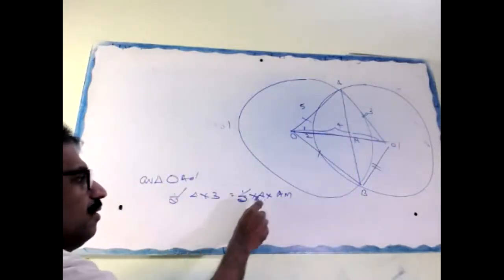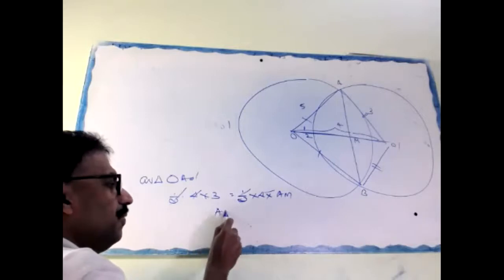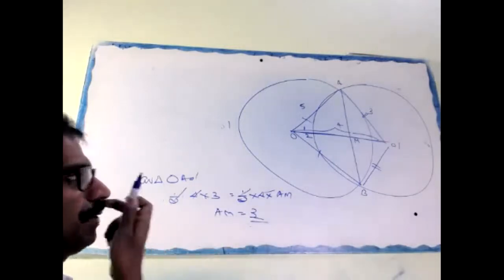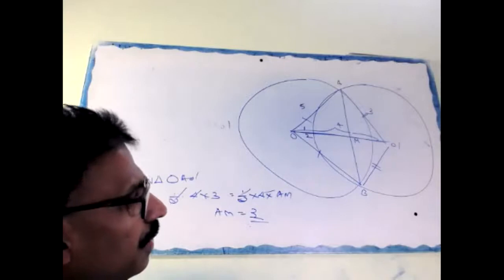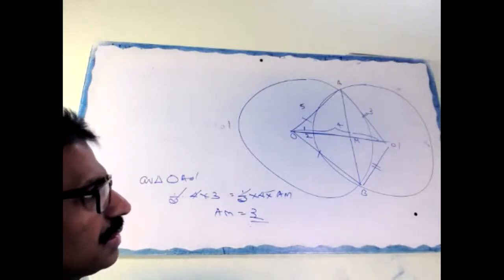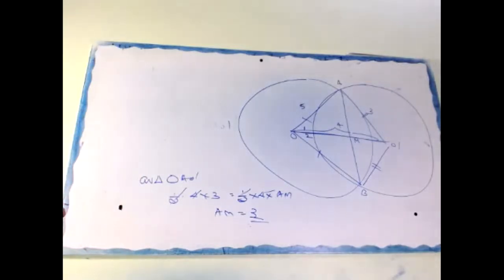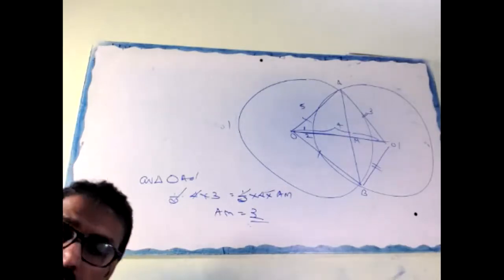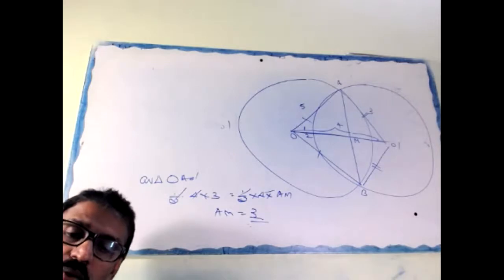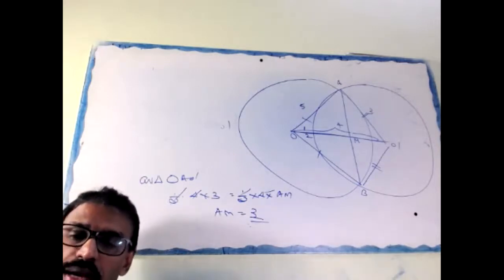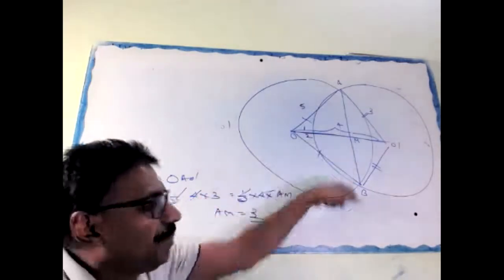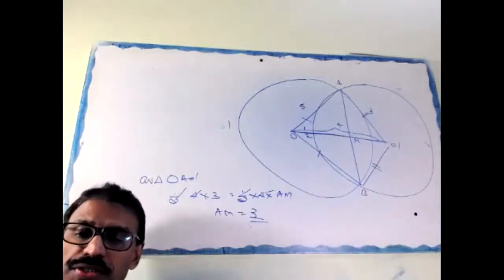Half cancels, 4 cancels. So AM equals 3. Therefore, AB how much? AM equals 3, then AB is 6, because you said already, right?